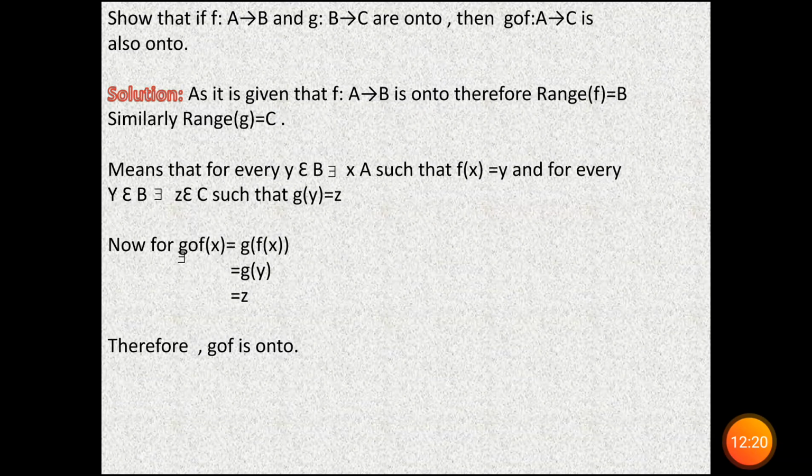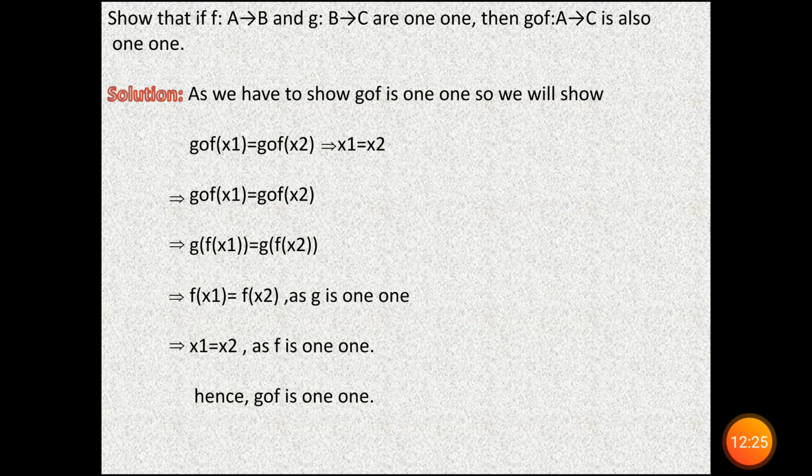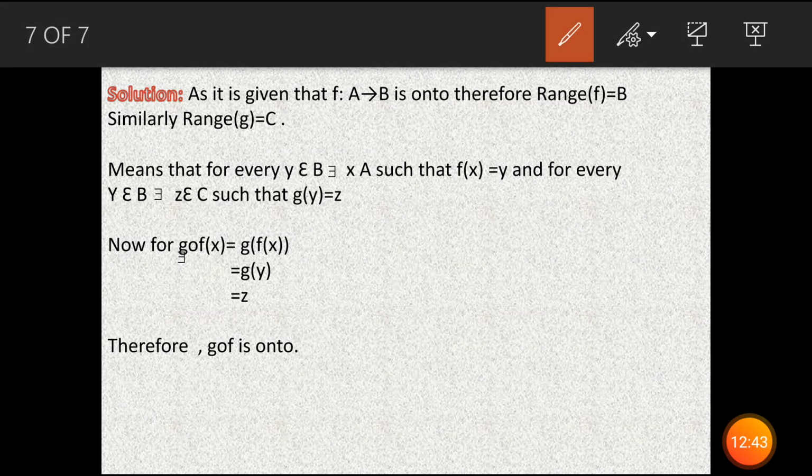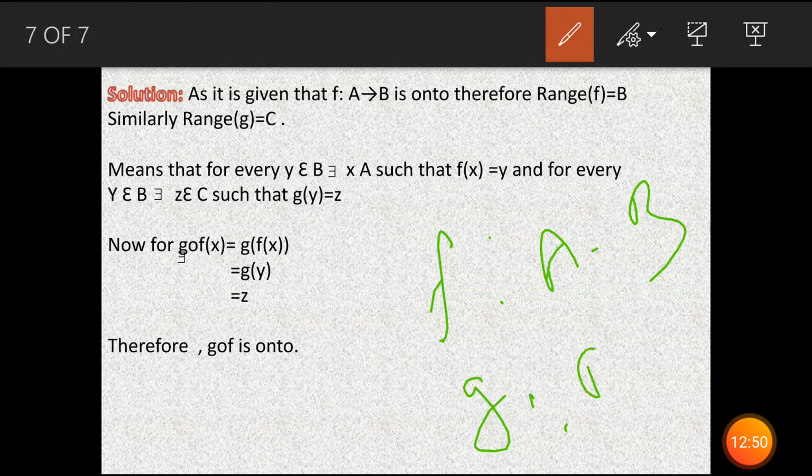To prove that GOF is onto, for every value that exists in C, there should exist a pre-image in A. This is what we are going to show. It is given to us that f and g both are onto functions. So f is a function from A to B and g is a function from B to C.